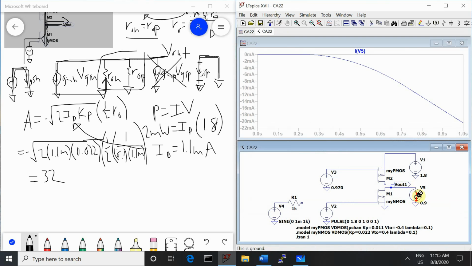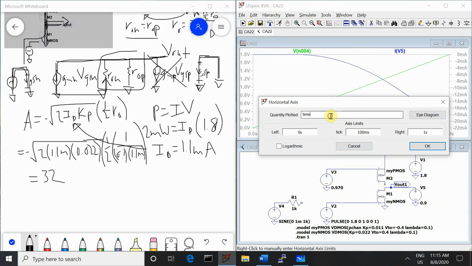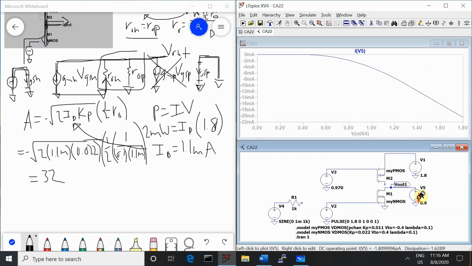We're now measuring the current that we're pulling from this 0.9 volt source. And we need our x-axis to be VN004, because that's the voltage that's going into the gate of the NMOS.